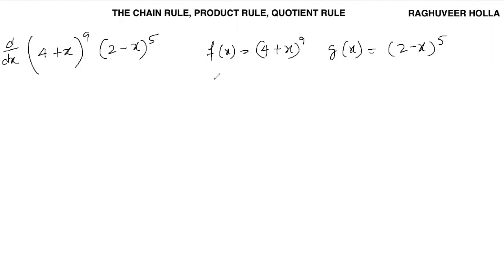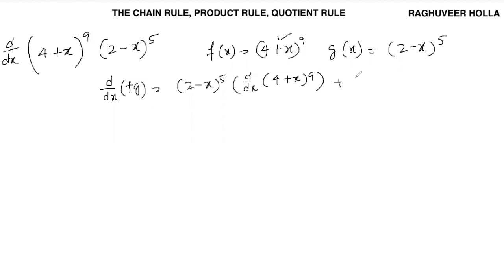By applying the product rule here, d by dx of f into g will be 2 minus x to the power of 5 times d by dx of 4 plus x to the power of 9, and 4 plus x to the power of 9 times d by dx of 2 minus x to the power of 5.